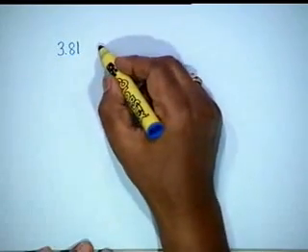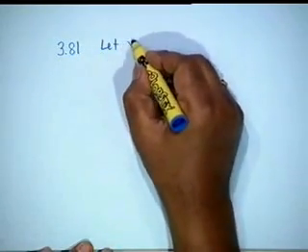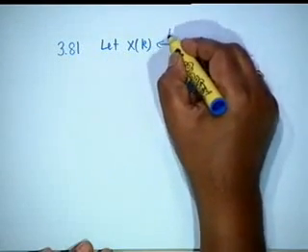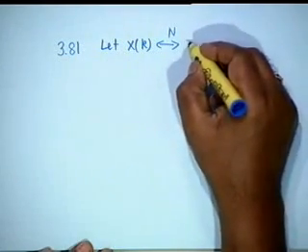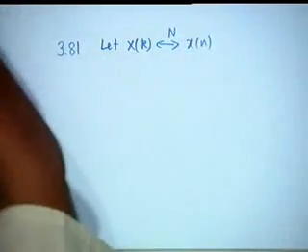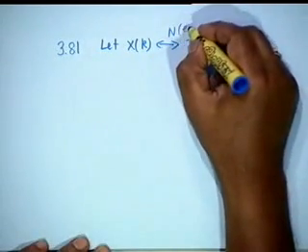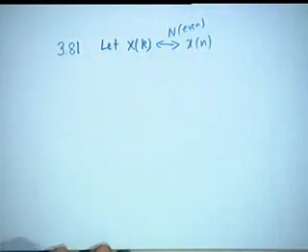The next problem is 381. 381 says, let X of k be the N-point DFT of x of n, where capital N is even. Okay.